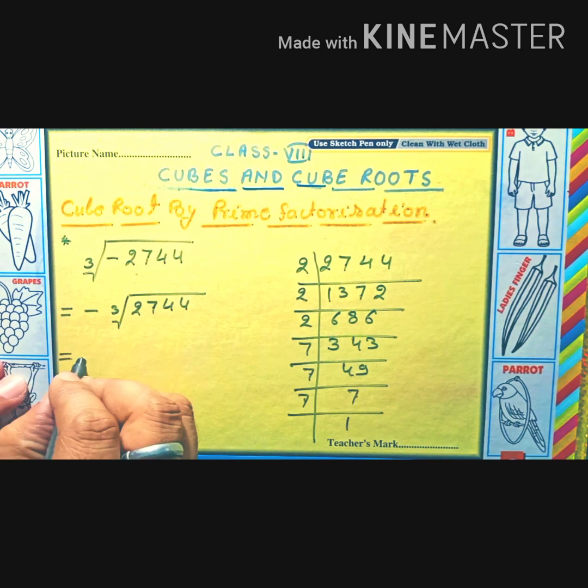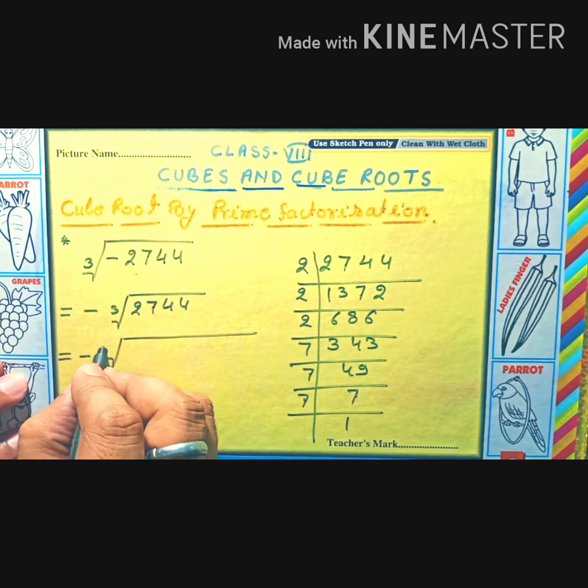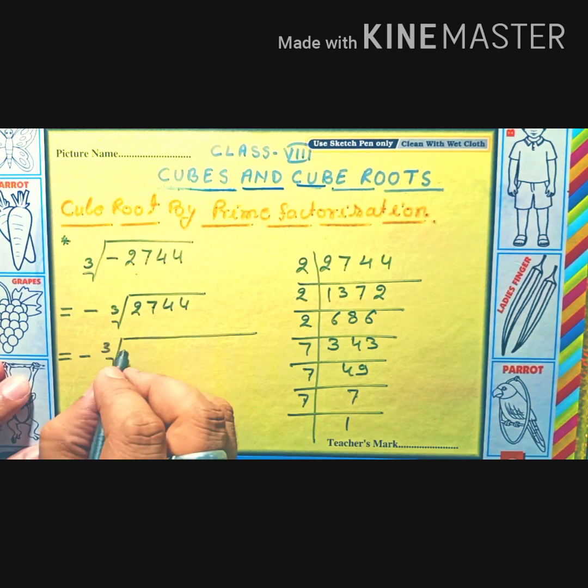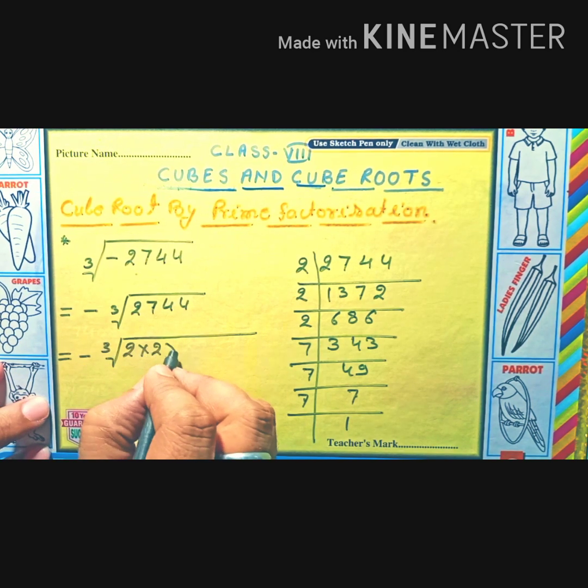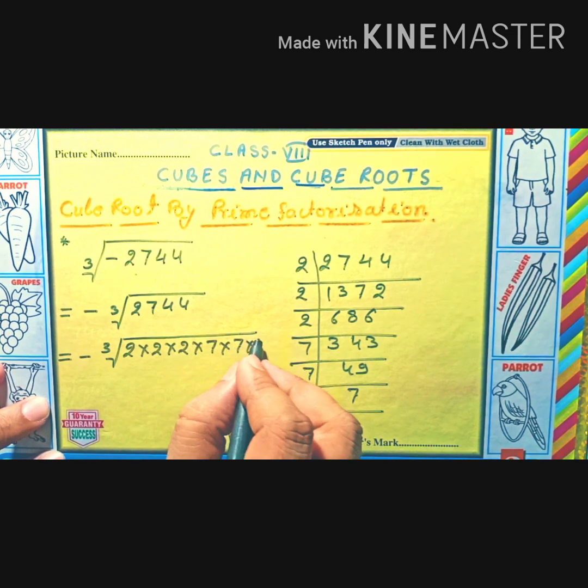Now that value is 2 multiplied by 2 multiplied by 2 multiplied by 7 multiplied by 7 multiplied by 7.